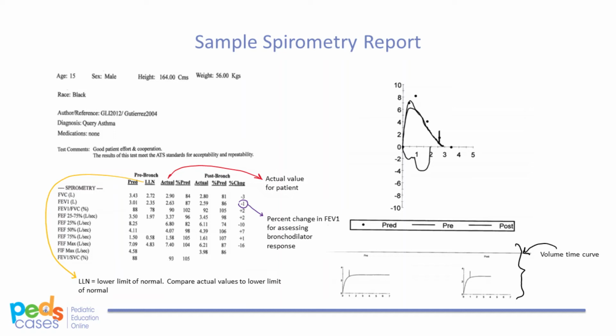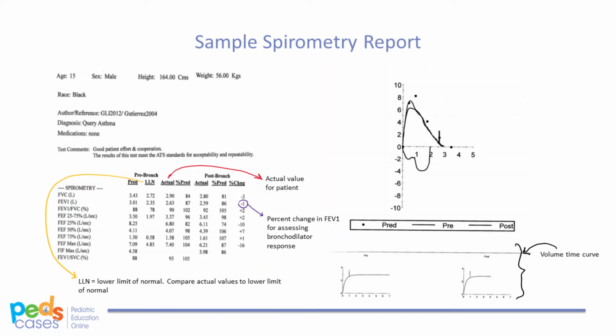In the next column, you will see the reference values. Ideally, there should be 2 reference values, an upper limit and lower limit of normal, as based on the Global Lung Function Initiative reference values. These reference values are based on age, height, gender, and ethnicity. Let's move on with the interpretation.